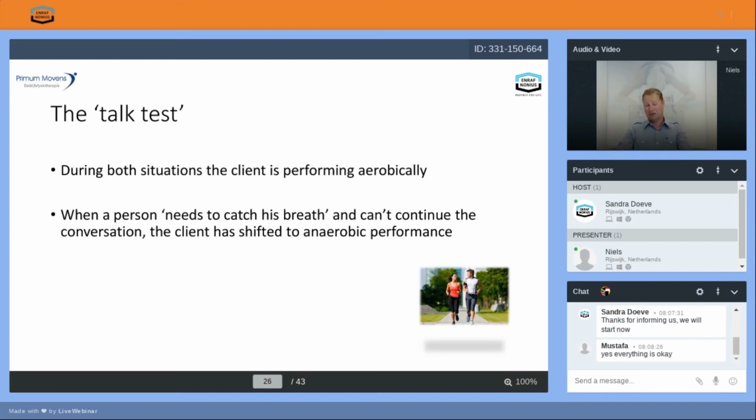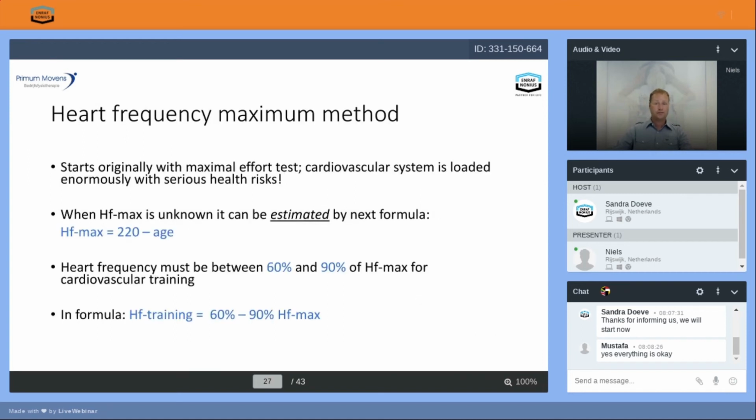Maybe politics. Just take a topic and have a conversation. When your patient is able to respond without hiccups, without having to catch his breath, you should realize that they're able to function on aerobic levels, and that's what you want with endurance training. So this is a simple and quick test.